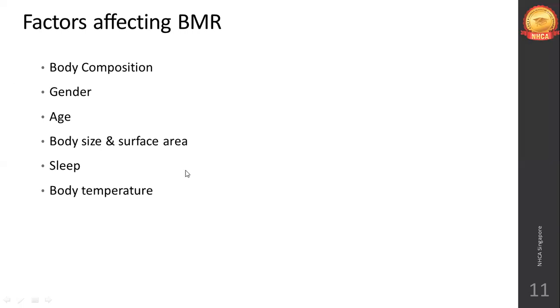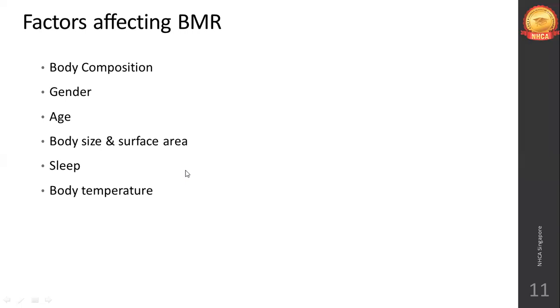Then body temperature. When you are feverish, when the body temperature is high, your BMR will be high. When the body temperature is low, or if you are suffering from hypothermia, in cold seasons or winter seasons, people suffer from hypothermia. The basal metabolic rate falls down. So based on that, it's the seasons.